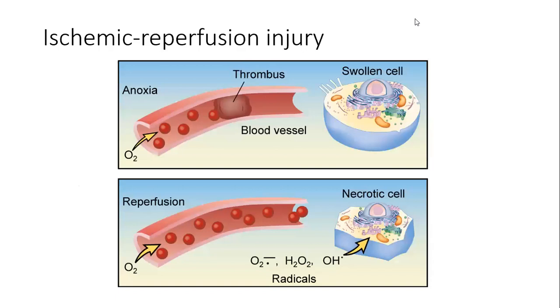So this is what it looks like. You have the oxygen not getting through the blood vessel, and so then you get the swollen cell. And then when the oxygen is moving again, you get the reactive oxygen species, peroxide, and radicals, and you end up with a necrotic cell.